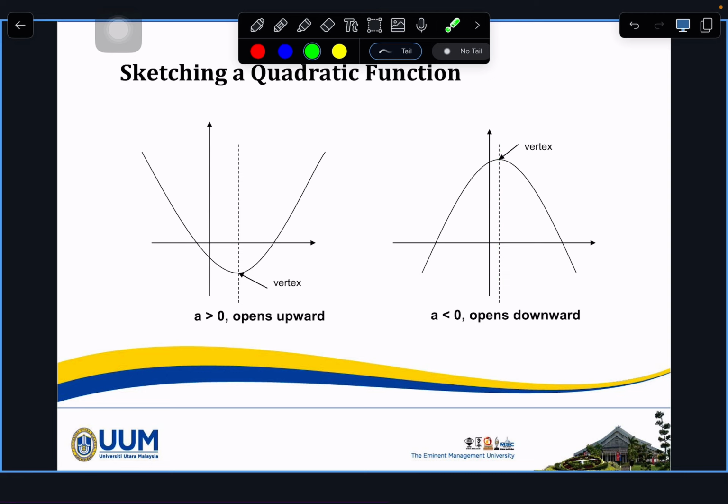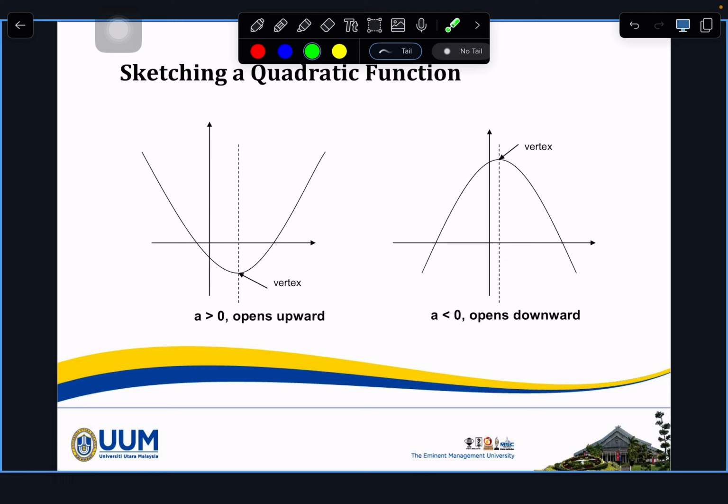So this dash line is actually your axis of symmetry. Okay. What does it mean when I say axis of symmetry? You say the left and right are the same, and if you fold it, it's the same. Okay. So in this context, the purpose of the axis of symmetry is when we fold the quadratic function, this line will overlap with this line, exactly balanced. Okay, when we draw the perfect quadratic.